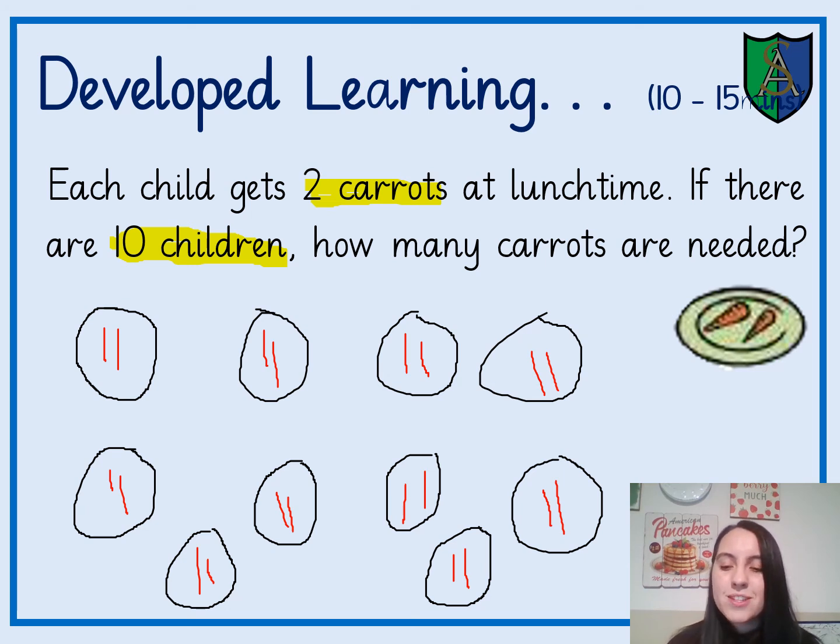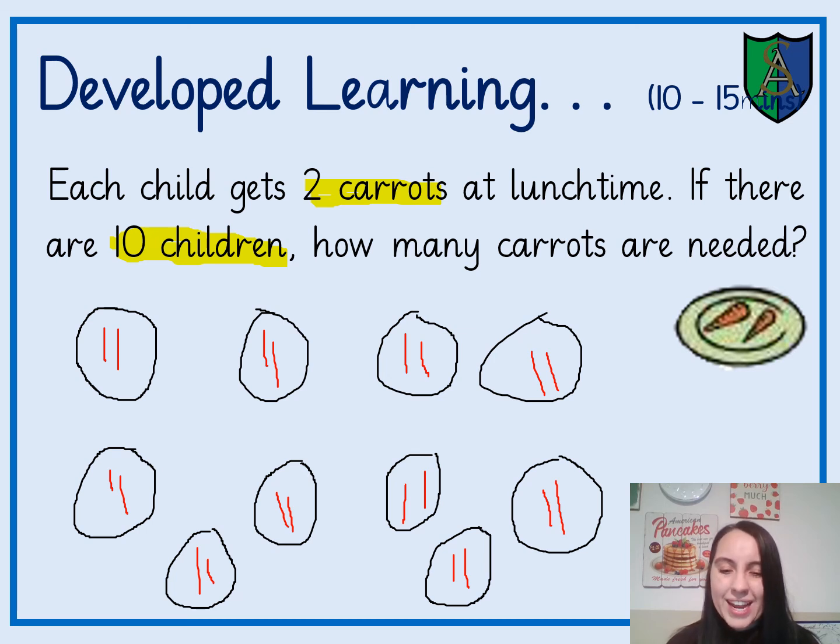Okay, now what I'm going to do is I'm going to count in my 2s. I'm going to skip count and that will tell me how many carrots there are all together and provide me with my answer. Let's go ahead and count them now. 2, 4, 6, 8, 10, 12, 14, 16, 18, 20.